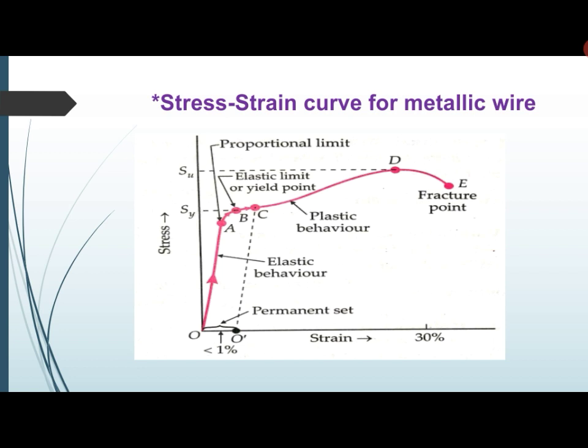The wire develops kinks at a few points along its length, and some additional strain is produced even when we are reducing the load, and finally the wire breaks at a fracture point, that is E. So in the region from B to E, the length of wire goes on increasing even without any addition of load.